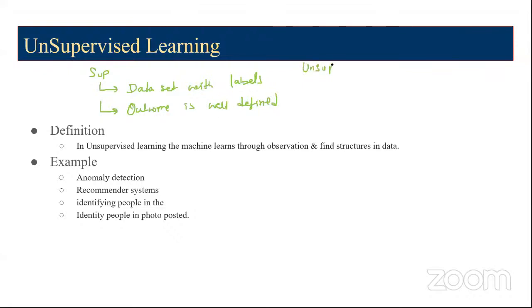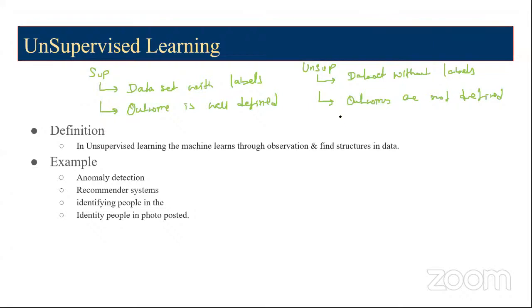In the case of unsupervised learning, we get a data set without labels, and outcomes are not defined.